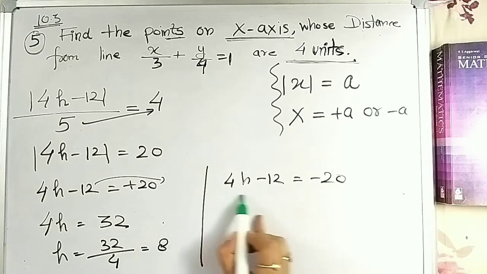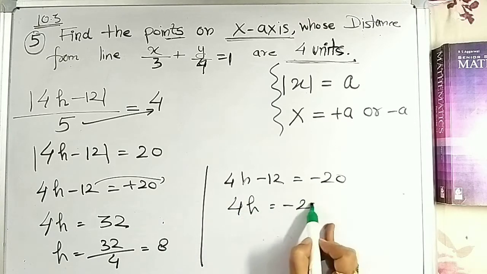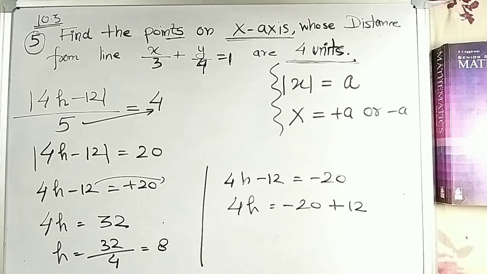Second possibility is 4h is equal to minus 20 plus 12, which is 4h is equal to minus 8. So that means this 4 will go here, and if I cancel, it's minus 2. So h is minus 2. So I got either 8 or minus 2.